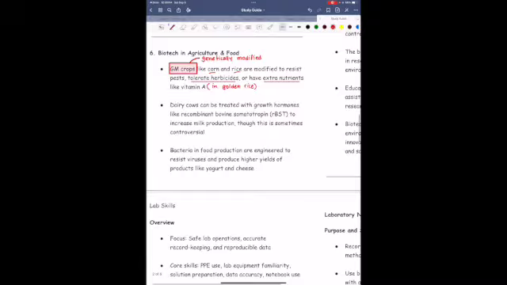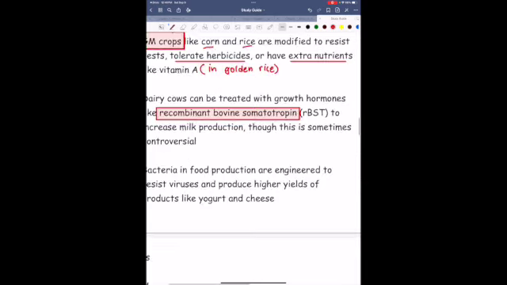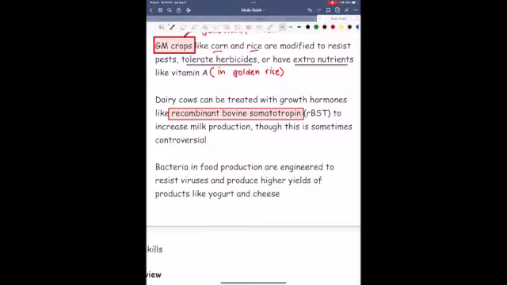Dairy cows can be treated with a growth hormone. That growth hormone is going to be recombinant bovine somatotropin. This is just an example. And then let's just write down over here. So the word soma means body, right?